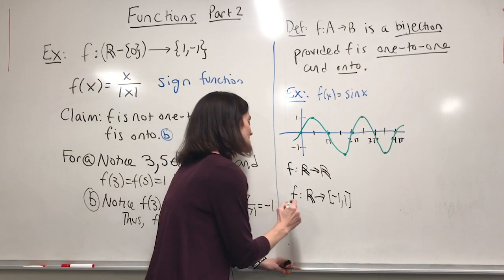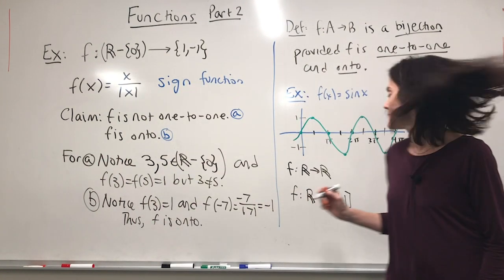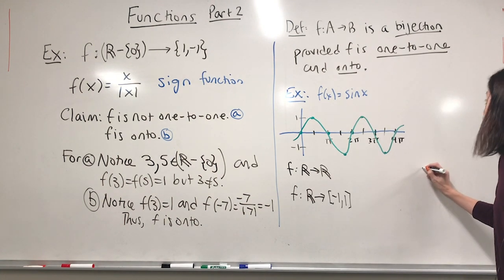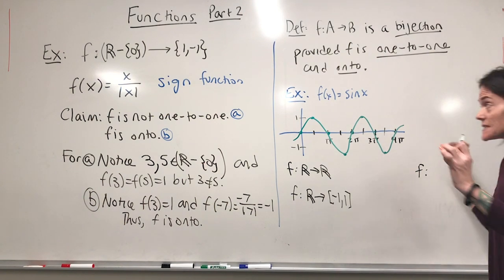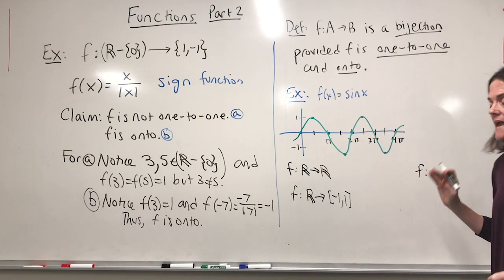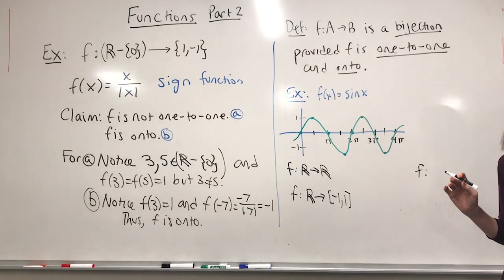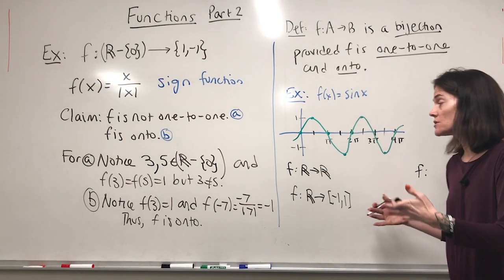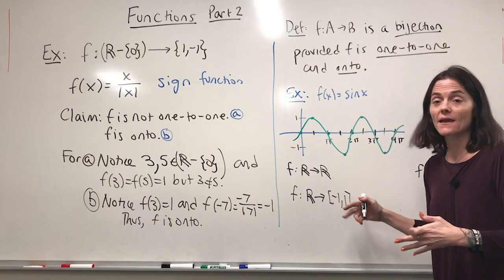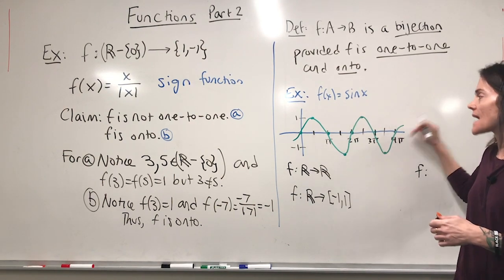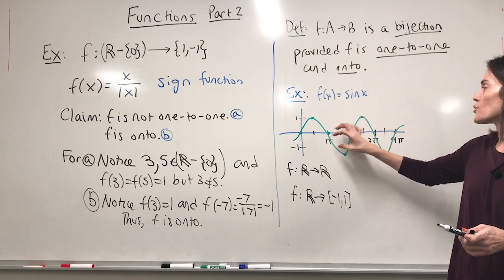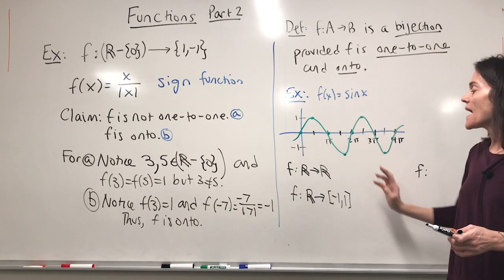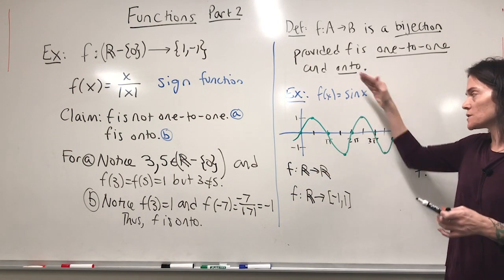Or what if we consider f, the same function? What I'm doing in this exercise, I'm taking the same formula and I'm thinking about what happens if I switch the domain or the codomain, okay? But I'm still taking the exact same formula. I'm taking, in terms of a relation, the ordered pairs that you see on the graph. You just might have to cut down to a certain part.